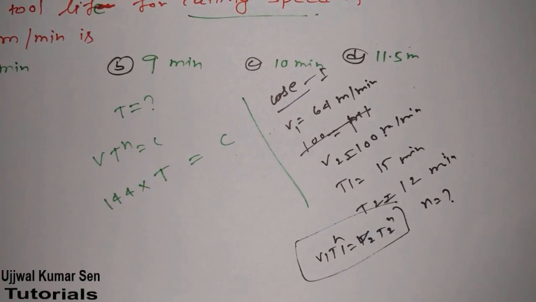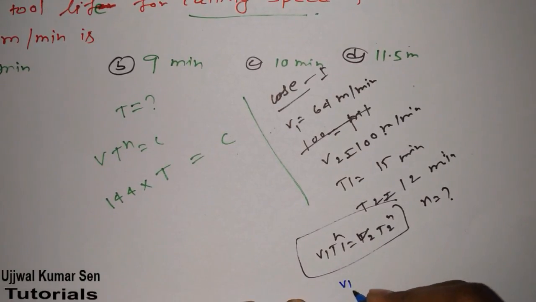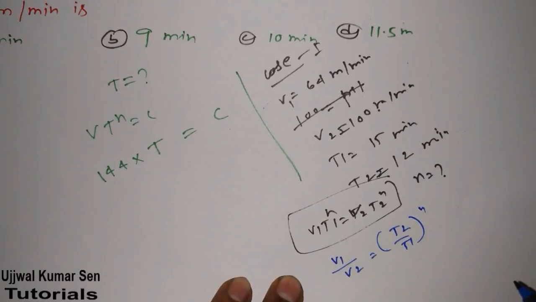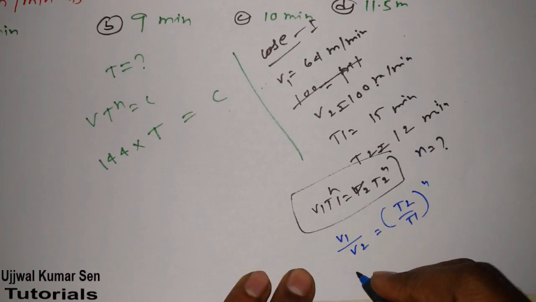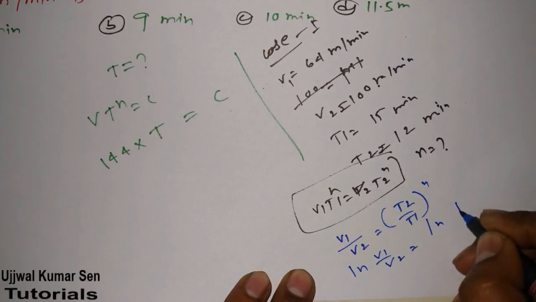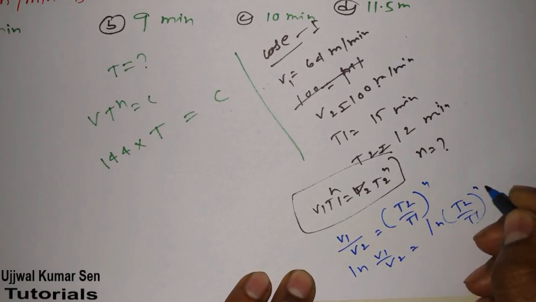Practice a lot. Okay, so what we got here: v1 t1 to the power n is equal to v2 t2 to the power n. We have to find the value of n from here. So v1 will go to this side, v2 to this side, t1 this side, t2 by t1 to the power n, right? Now I can use log, so ln of v1 by v2 is ln of t2 by t1 whole to the power n.